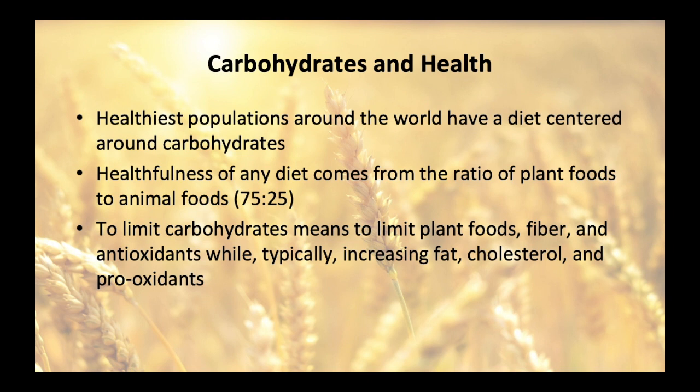And then if they do have animal products in their diet, that it doesn't exceed 25%. To limit carbohydrates means to limit plant foods, limit fiber, and limit antioxidants, oftentimes at the expense of increasing our fat, cholesterol, and pro-oxidant intake.